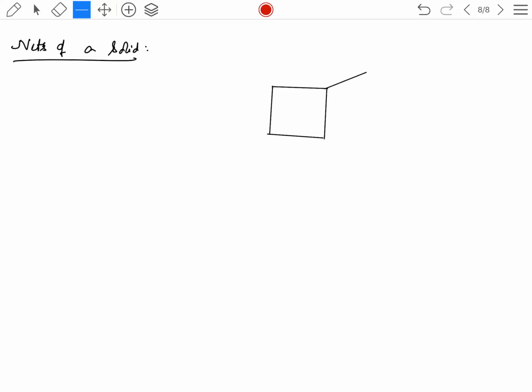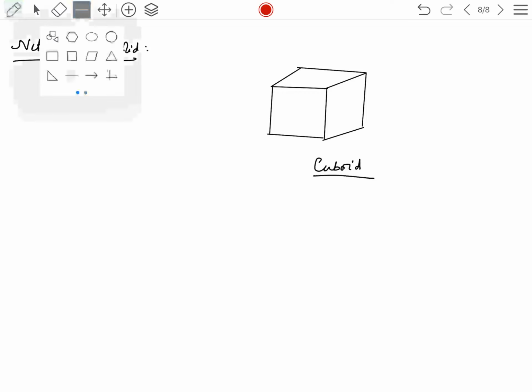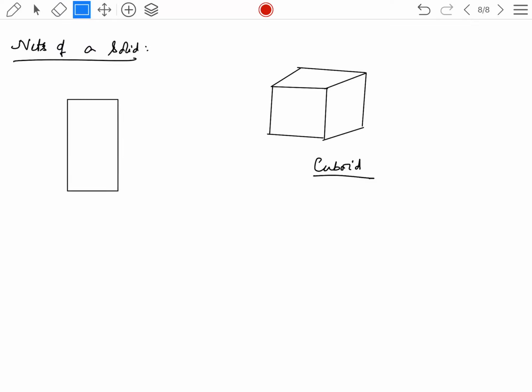For example, in your home, if you have a solid carton, it may be a cube or a cuboid. Suppose here I have drawn a cuboid. If you open that box, how will you find the net? In a cuboid, you will find the net in this way.